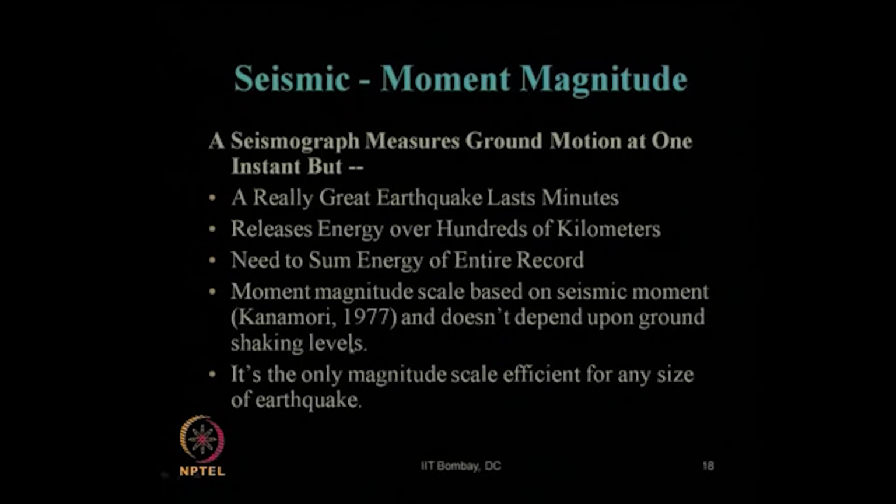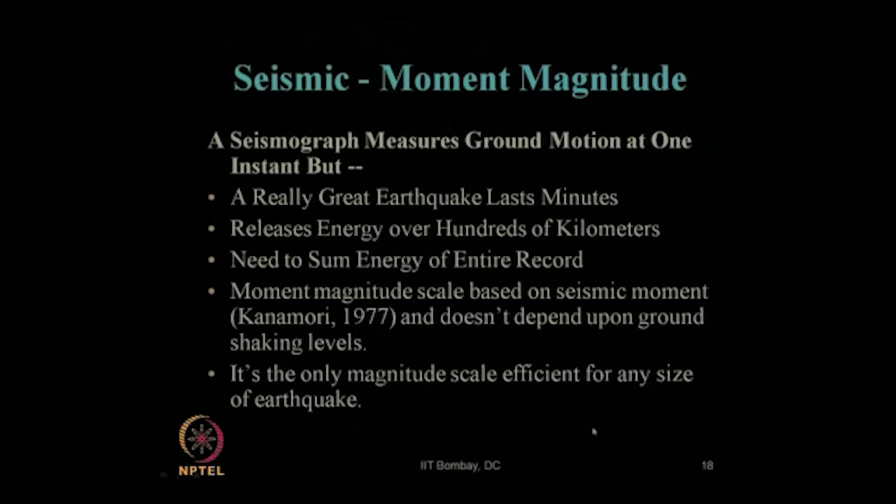That is, it can be irrespective of your ground shaking measurements, etc. So, it is the only magnitude scale which is efficient for any size of earthquake and for any type of earthquake, whether it is shallow earthquake, intermediate earthquake or deep earthquake, or whether it is a small magnitude earthquake or large magnitude earthquake. This is the best scale, because it is independent of all these variations of these parameters. They do not have that limitation of that magnitude saturation like the other two scales.